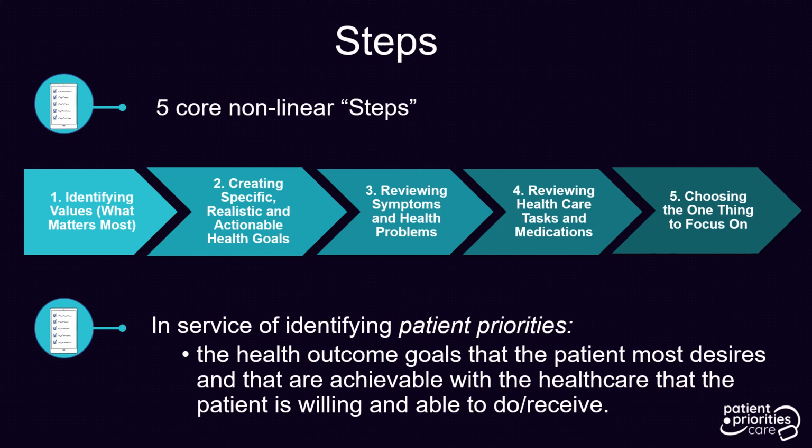These 5 steps are in service of identifying the patient's priorities. In a nutshell, patient's priorities are the health goals that the patient most wants and the health care they are willing and able to do to achieve those goals.